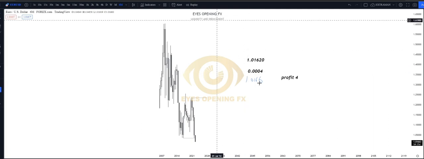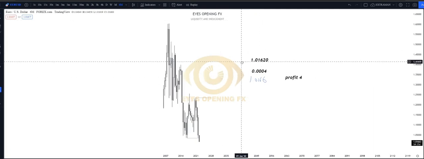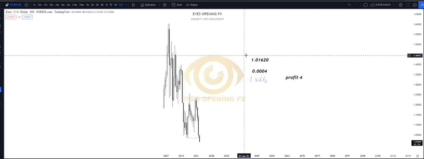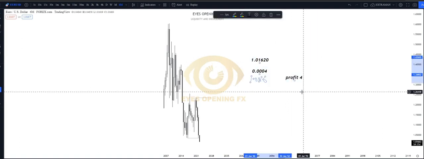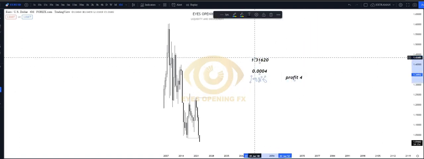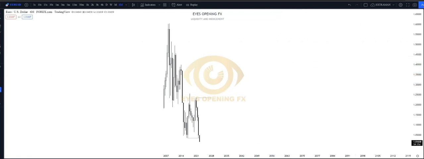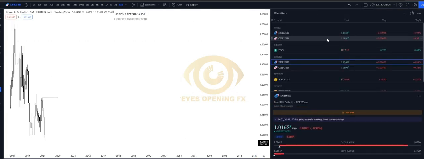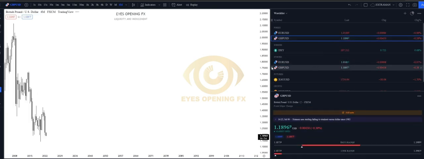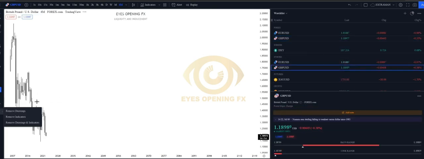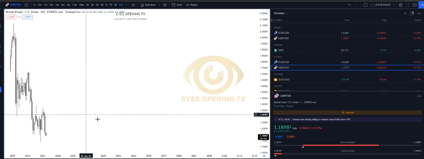So each currency has its own calculation of pips. But with this example, you can do more in understanding other currencies. Let's say for example GBP USD, which is this pair.